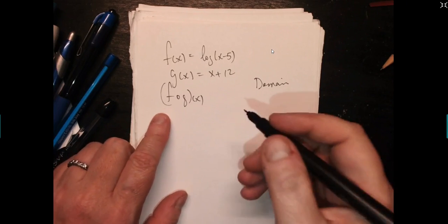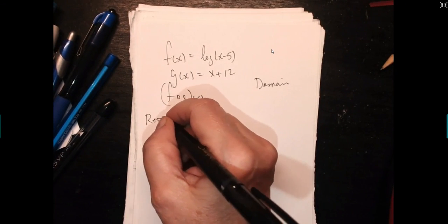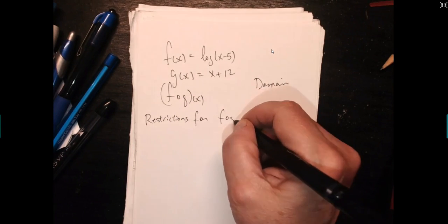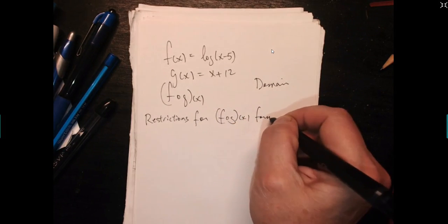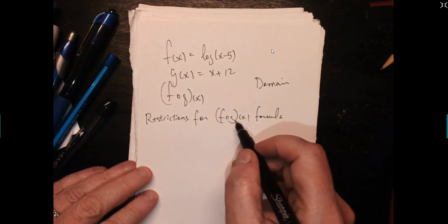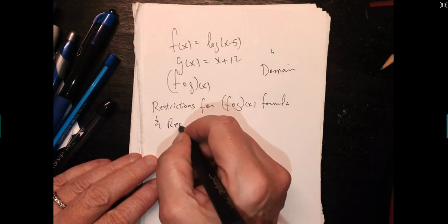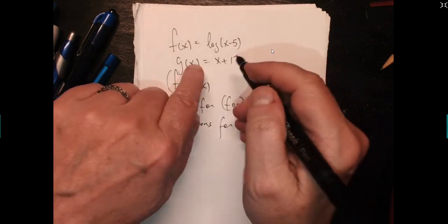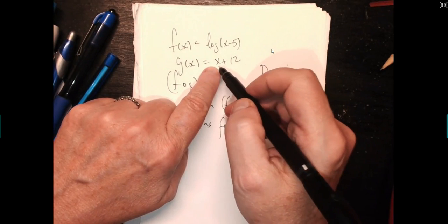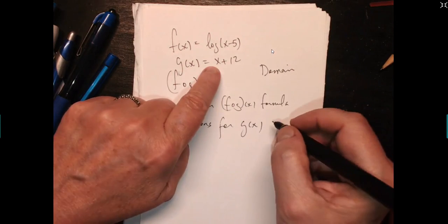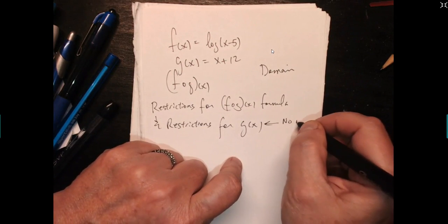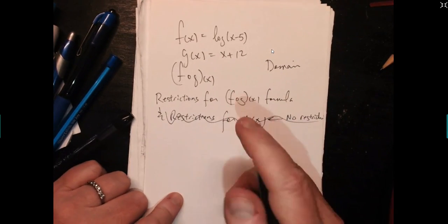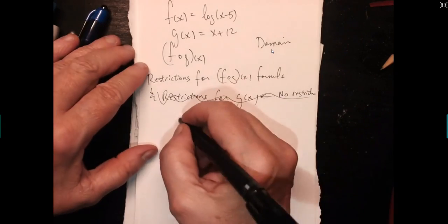So the domain of that is going to be any restrictions on the formula, and then also any restrictions in the formula that comes second. Now with g of x, there's no restriction whatsoever. X can be anything and it won't make that blow up. So there's no restriction on x for g of x. So we don't have to worry about that. We just have to get the formula and look at any possible restrictions.